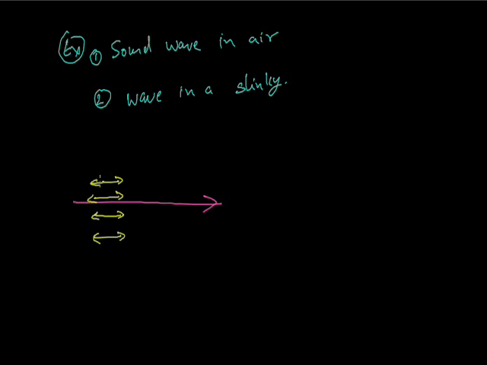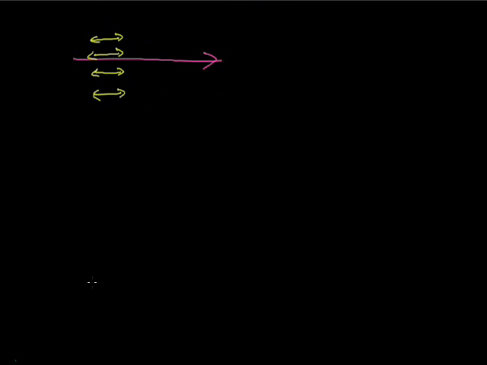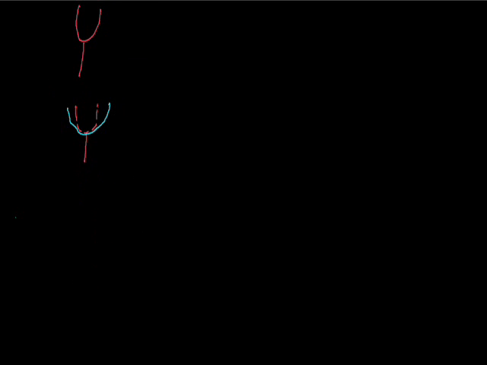Another example: sound created by a tuning fork. We can give a diagrammatic representation of this as well. Let's say I have a tuning fork at rest, then a vibrating tuning fork. When it is vibrating, it pushes the waves ahead.